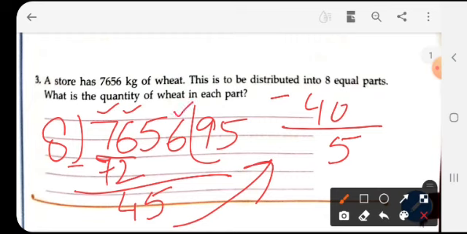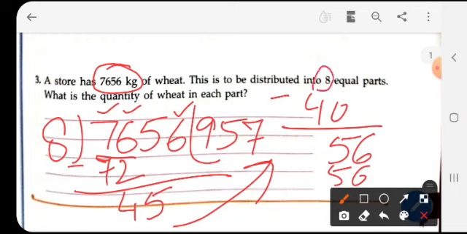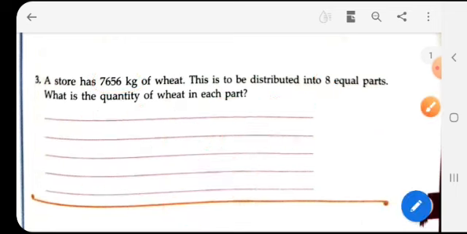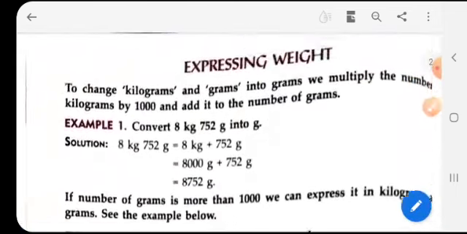Then we copy this 6 over here. And 8 7s are 56. Right? Since everything is in kilogram, when we distribute this whole number with 8, we get the answer 957 kgs. So this is how we have been solving in class 3rd.